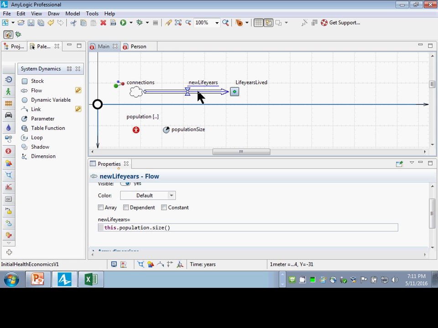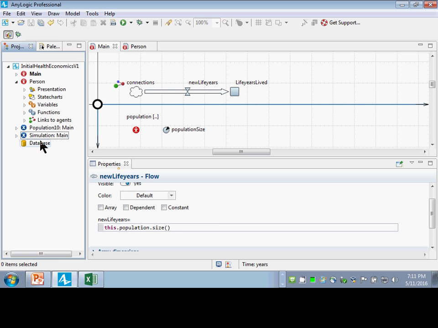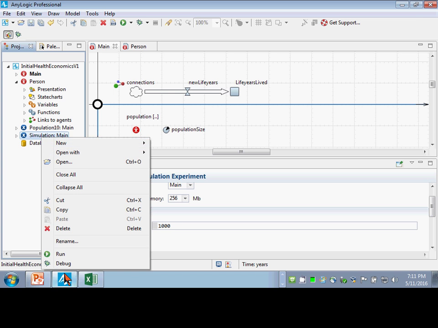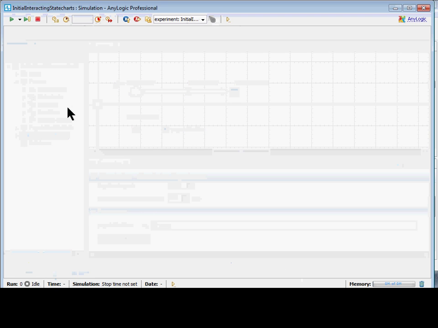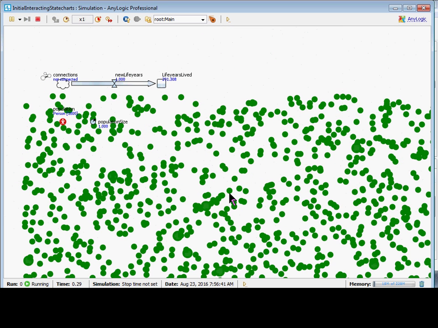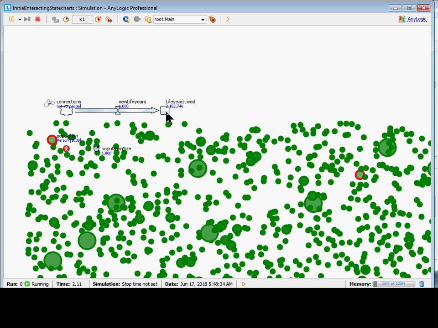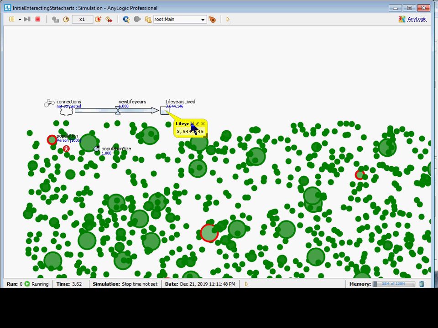So we're going to run this model, and we're going to see life years accumulate in this population. Okay, so here we go. Here's our life years lived, and they are accumulating. Life years lived is rising in this population. Okay, and we could simulate it out even further.